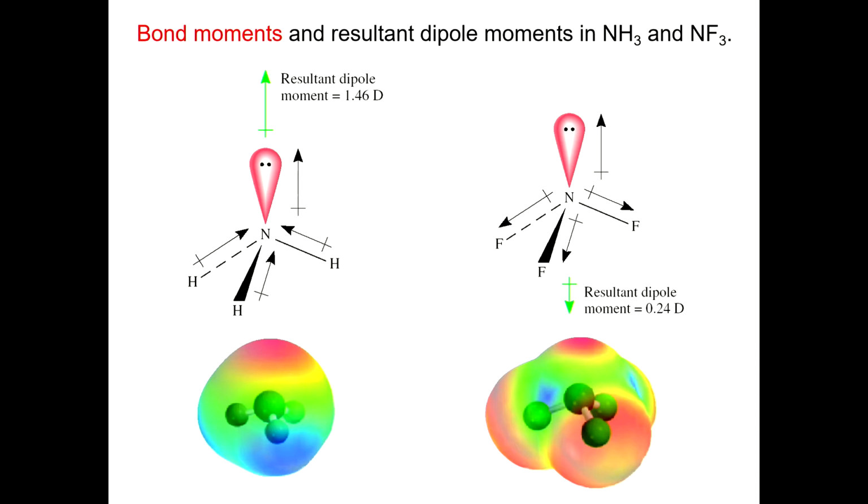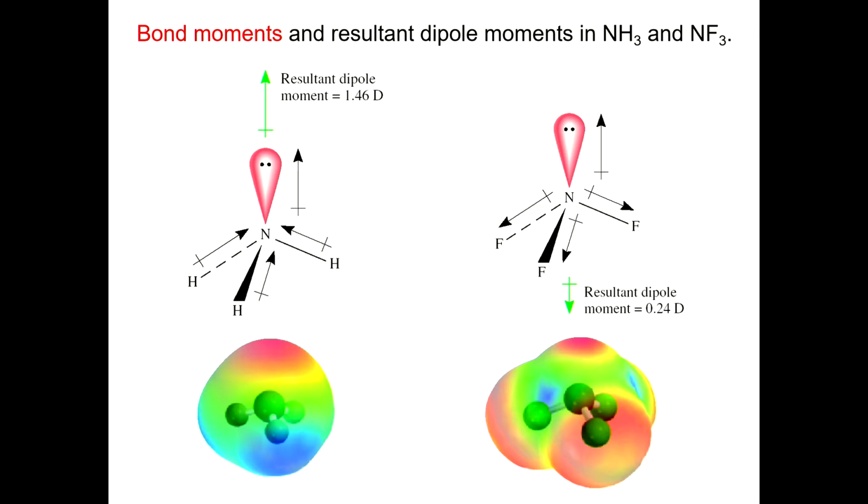After we know the geometry of the molecule, we can determine whether it is polar or not. In this case, the NH bond has a bond moment.